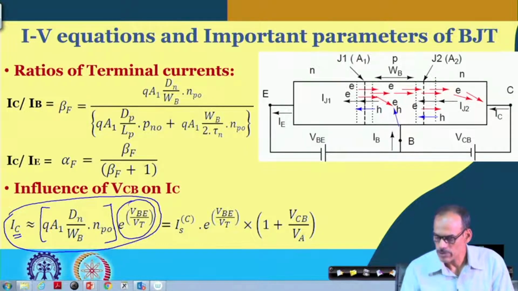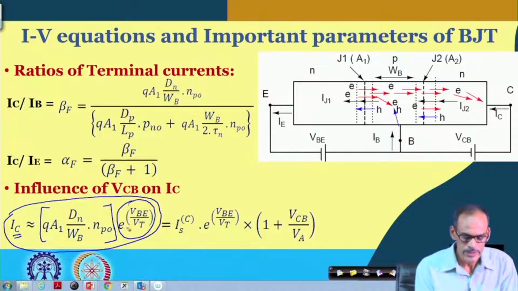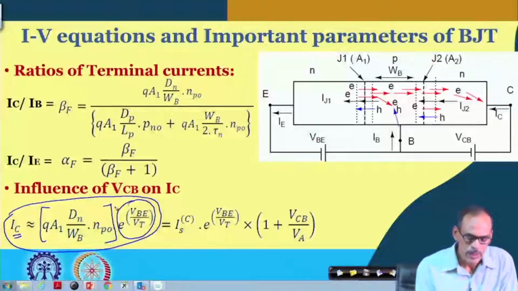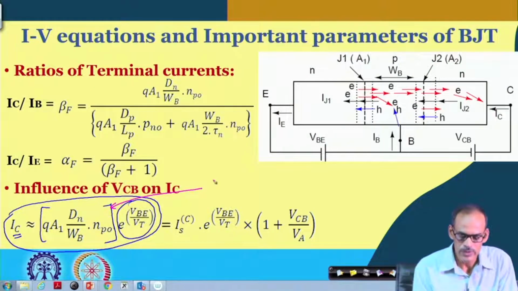So, for example, since this equation, current as a function of VBE, has an exponential dependency, it is similar to a forward biased diode, and in that case this whole part may be considered as reverse saturation current.